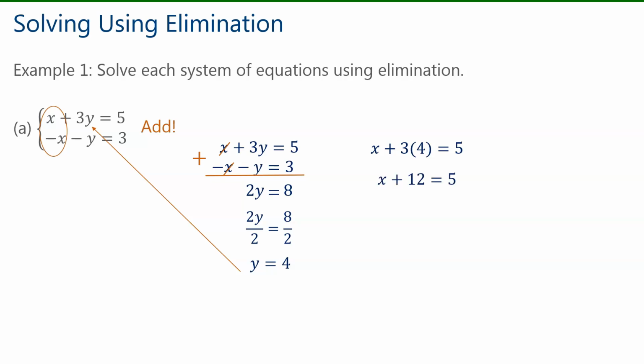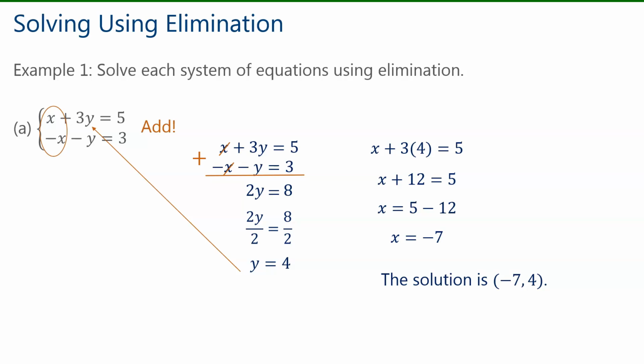Now 3 times 4 is 12. I'm going to bring the 12 over to the right-hand side now, giving me x equals 5 minus 12, which is -7. So now I can write my solution as -7, 4.